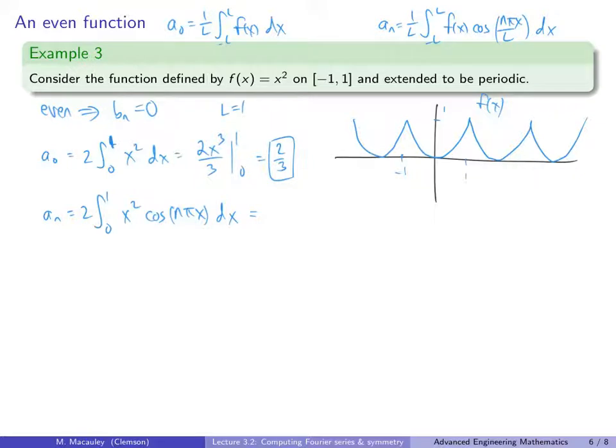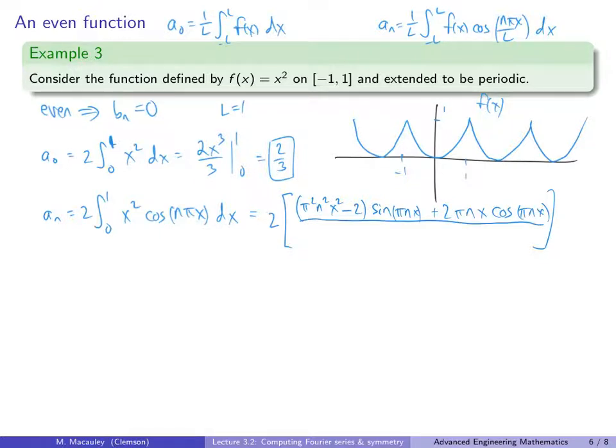I did this right now in Wolfram Alpha, and what I get is that this indefinite integral is pi squared n squared x squared minus 2 times sine of pi n x, I like to write n pi x, but Wolfram Alpha likes to write pi nx, plus 2 pi n x cosine of pi nx, all over pi cubed n cubed.